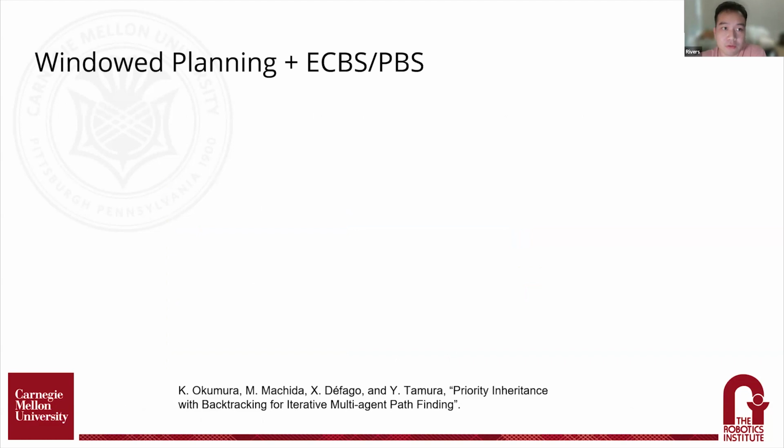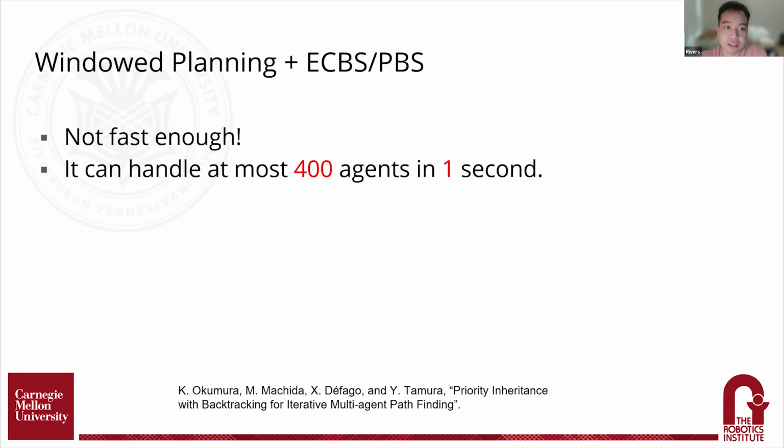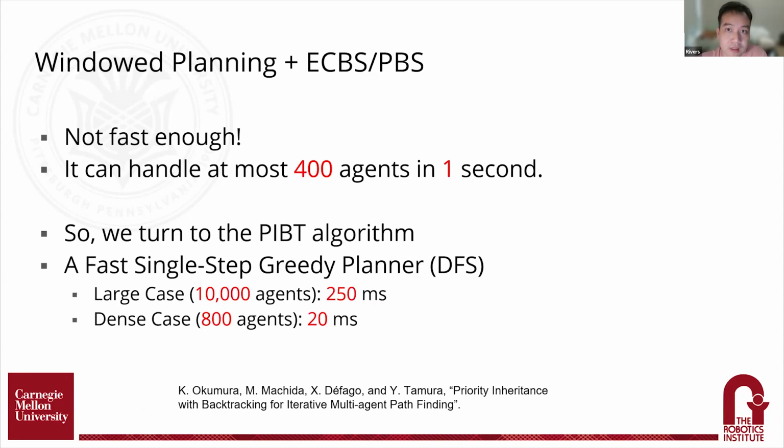But if we use windowed planning plus a state-of-the-art suboptimal algorithm like ECBS or PBS, unfortunately it's not fast enough. According to our experiments, it can only handle at most 400 agents in 1 second. So we turned to another very fast algorithm called PIBT. In my understanding, it's a single-step greedy planner which runs in a depth-first search way.